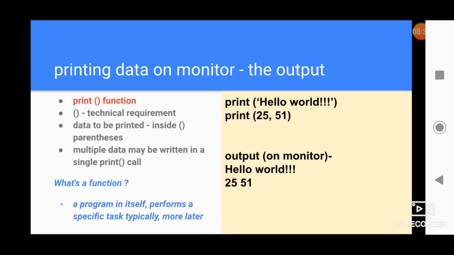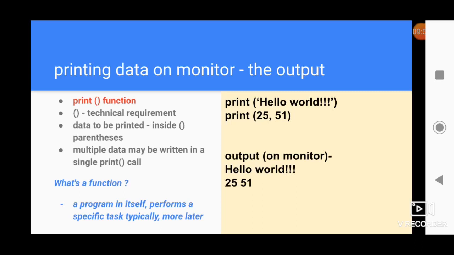We write the word print followed by a pair of parentheses, and inside the parentheses we write any data item or value which we want to be printed on the monitor. As in our program we wrote I inside the parentheses, and the value of the variable I was printed on the monitor. More examples are shown on the right half of the screen.